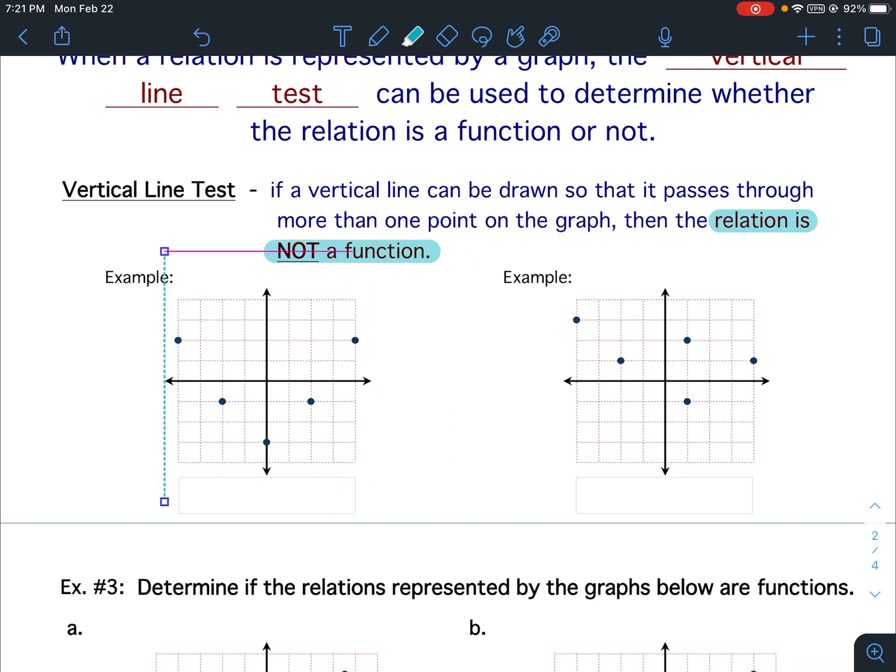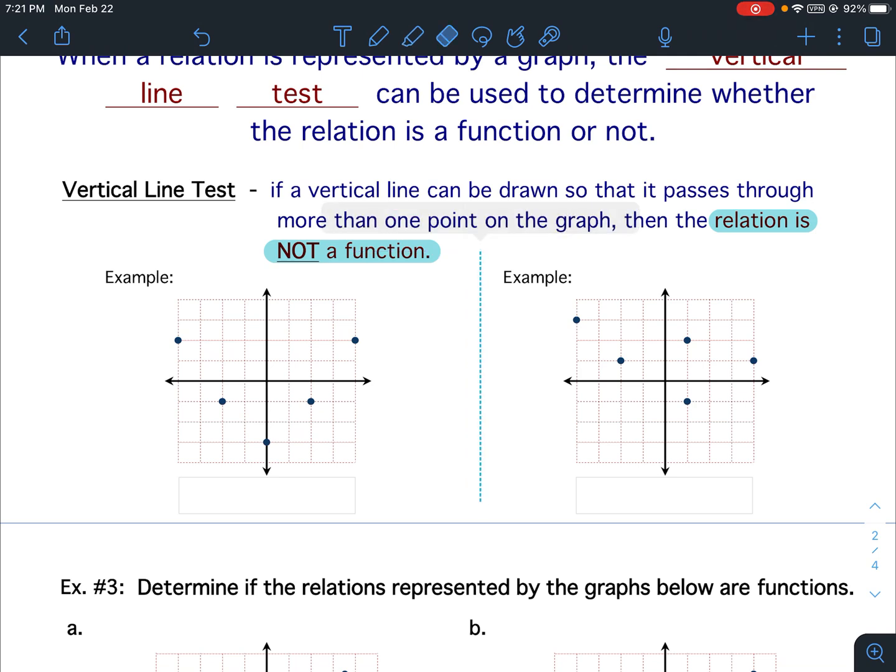So let's look. As I drag this across, it only goes through one point, only goes through one point, only went through one point, only goes through one point, only goes through one point.